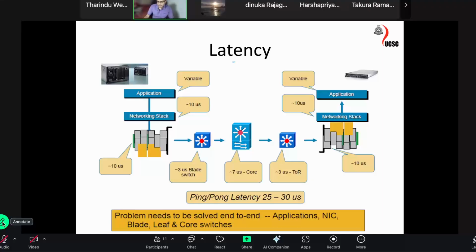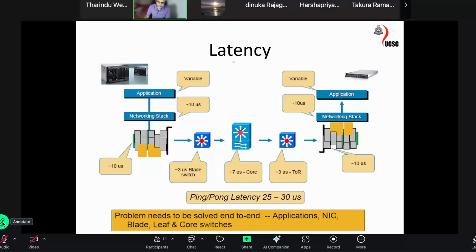Then after sending through the network card to the first switch, which is the access switch or leaf switch, the switch port-to-port latency can usually be 3 microseconds for an enterprise-grade network switch.